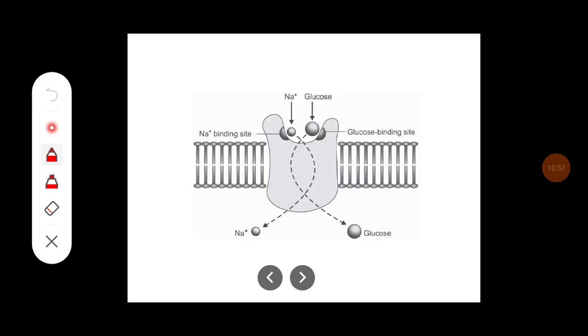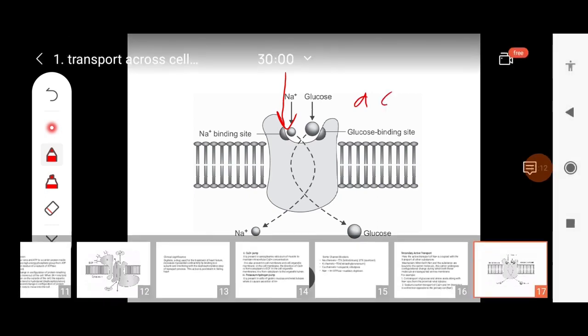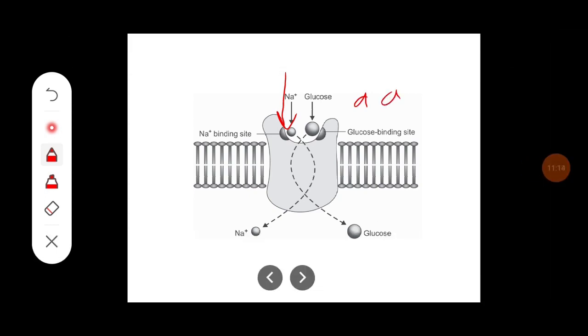So this is the example for secondary active transport, where the sodium, when it moves, moves with another molecule like glucose or amino acid, which leads to co-transport.